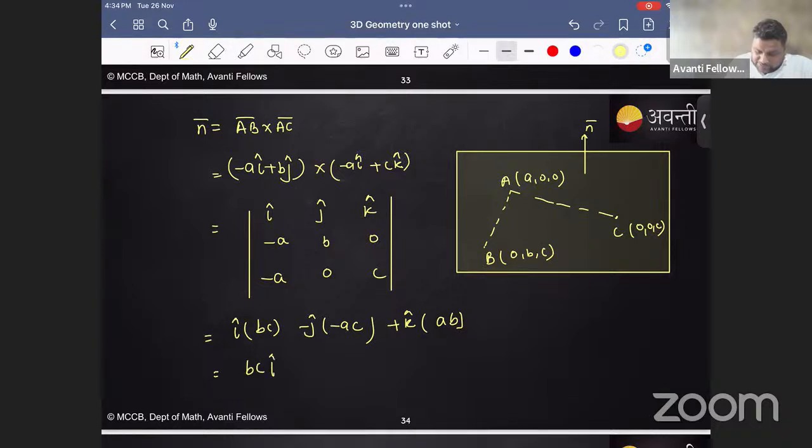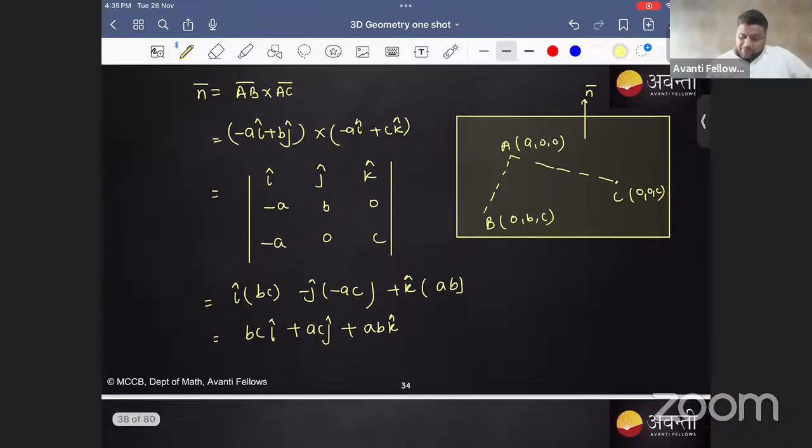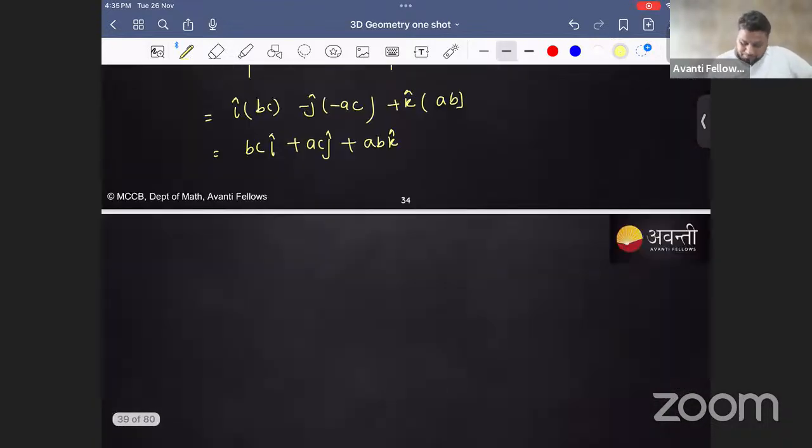So it is BC i cap plus AC j cap plus AB k cap. Got it? So the equation of the plane will be what?